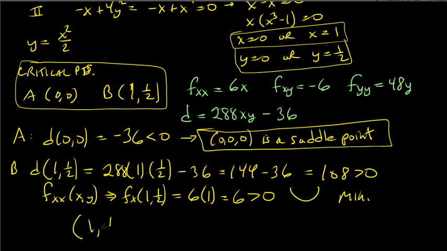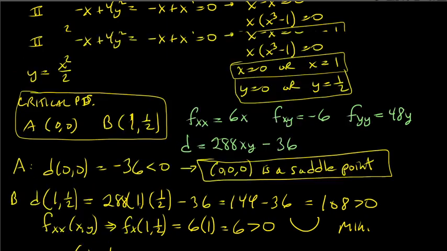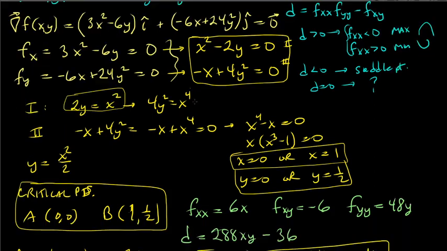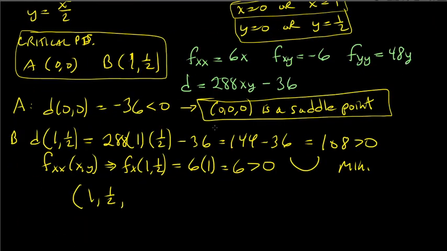So the point 1, 1/2, and I guess what's the z value here? 1 minus 3 is -2. -2 plus 1 is -1. So, yep, 1, 1/2, -1 is a relative minimum point.